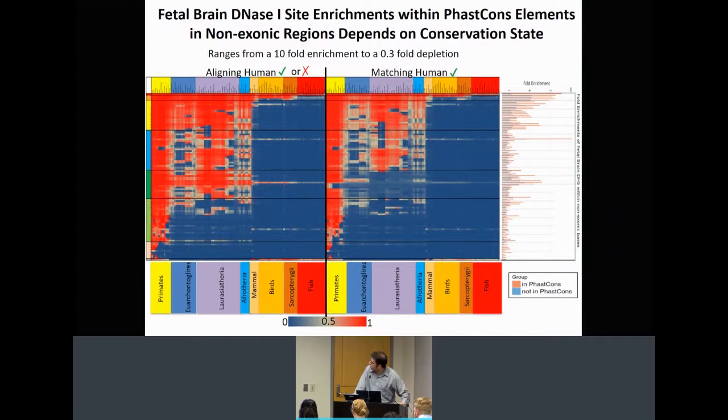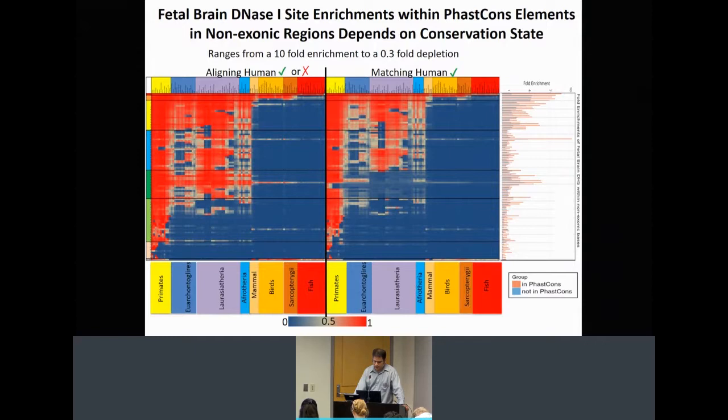In this case, we took PhastCons elements and we looked at their enrichment within non-exonic regions for fetal brain DNase 1 positions. So these are positions that are open chromatin in developing brains, accessible DNA. And this is one of the more epigenomic annotations that is most associated with constraint in general.